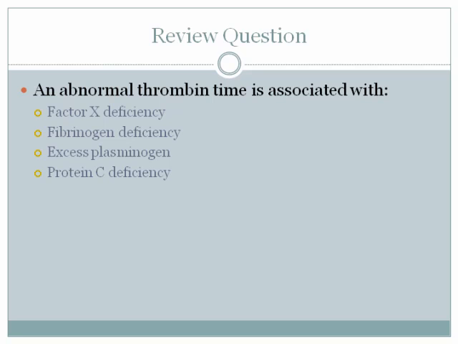Fibrinogen deficiency. Yep. So an abnormal thrombin time would be seen with a fibrinogen deficiency or a dysfibrinogenemia or an inhibitor, or an effect by something like heparin. Very good. All right, that's it.